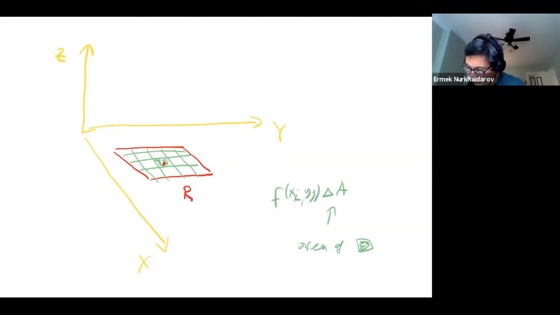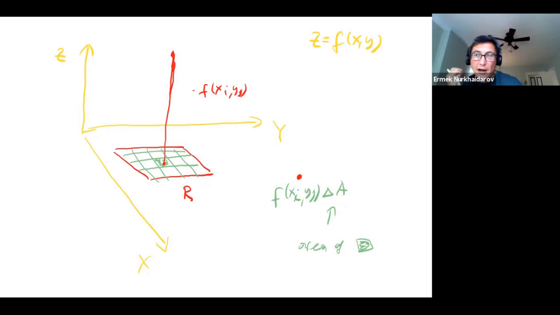That's the red point. So we evaluate the function. Often when we look at the function, we treat z as a function of x and y. If we treat z as a function of x and y, then f of x, y will be somewhere here. So that is the height, f of x i, y j.